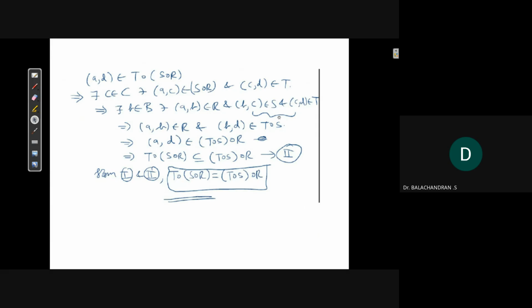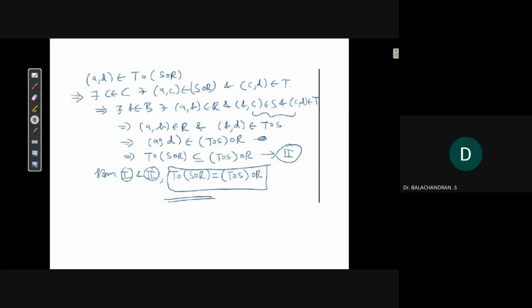Now from these two, (A, B) and (B, D), now (A, D). First you are applying what? R, that is coming here. Second you are applying this one. So T∘S is coming here. So (A, D) belongs to (T∘S)∘R.